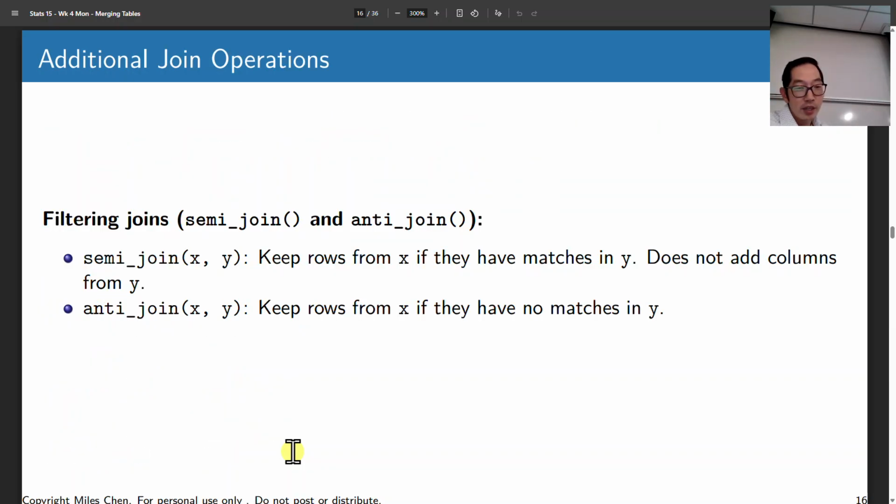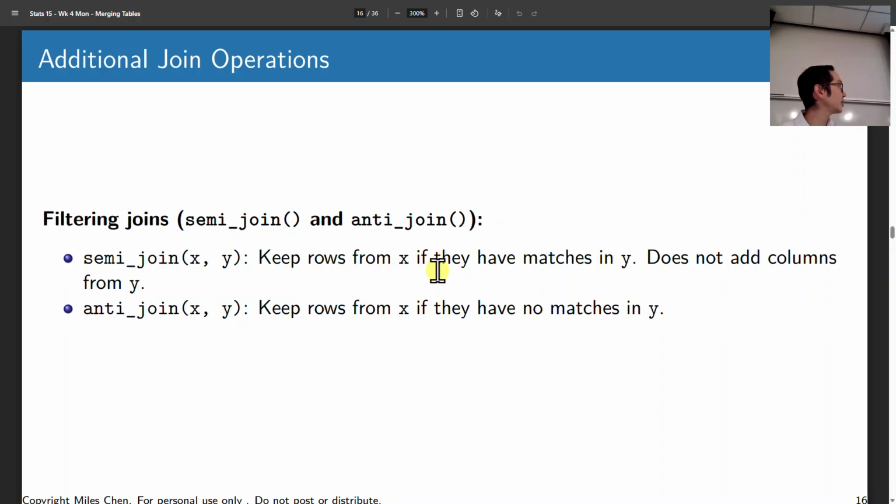Oof. All right, let's talk about filtering joins. This is if you have a table and another table, and based on the other table, you either want to keep only those rows or you want to get rid of those rows. So you have the semi-join, which is kind of like an inner join.